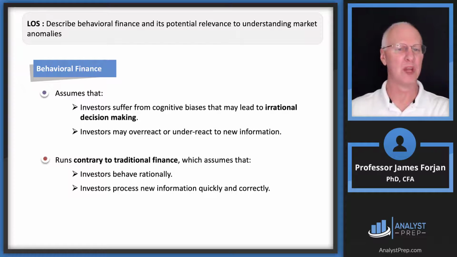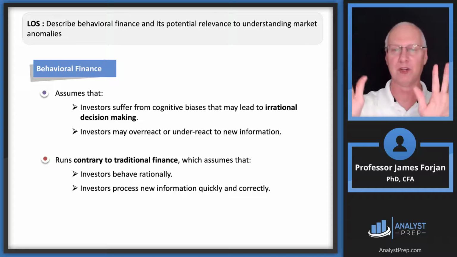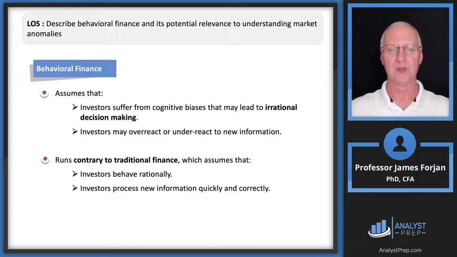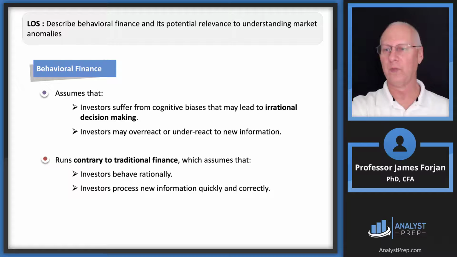How about if I use another term? Suboptimal. And those suboptimal decisions are going to push stock prices either a little bit too high or push them just a little bit too low. And then we, as good financial analysts, can jump in and say, aha, you people over there, you're suffering from an emotional attachment to this stock price. Therefore, it's way below its current intrinsic value according to my calculations.